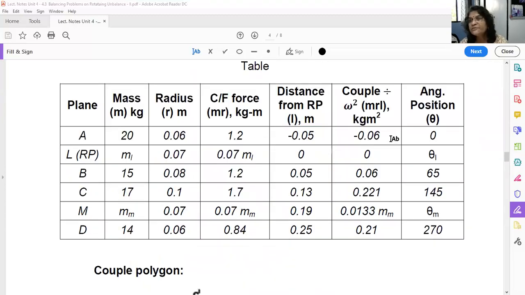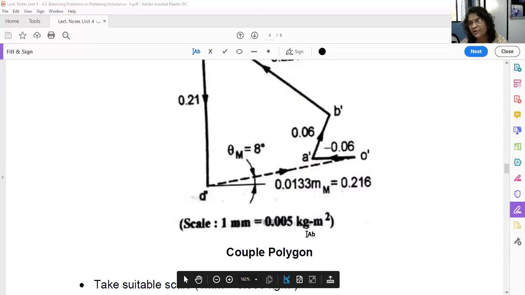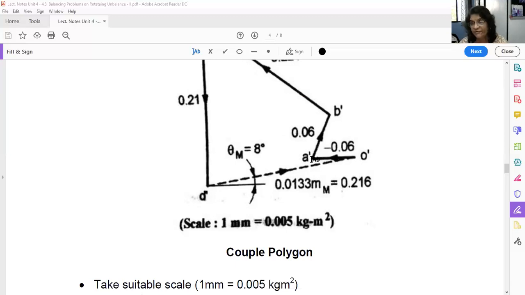Now you have to draw this vector, magnitude and direction. Direction is 0, that means along the positive x-axis. Magnitude is this one. So what scale have you taken? 1 mm is equal to 0.005 kg meter square. So from here, O dash, draw a line towards left. Why towards left? Towards positive x-axis means positive couple.